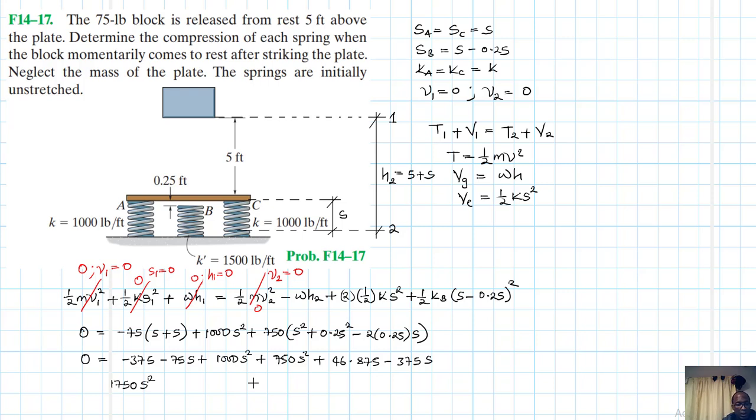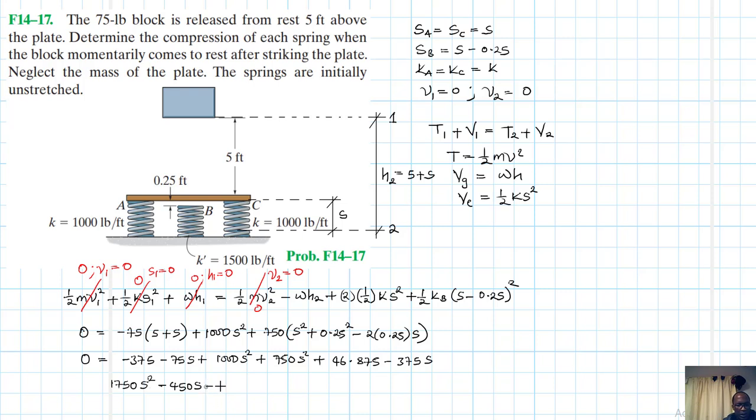And then we have minus 75 minus 375 S, so this becomes minus 450 S, and then later on we have minus 375 plus 46.875.